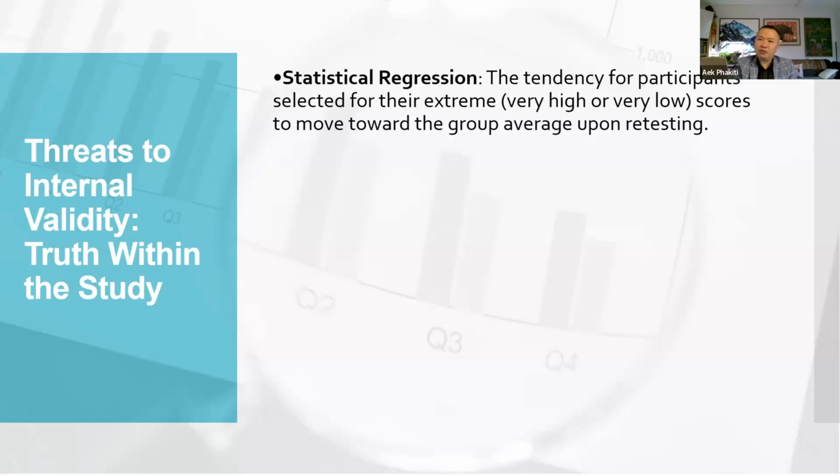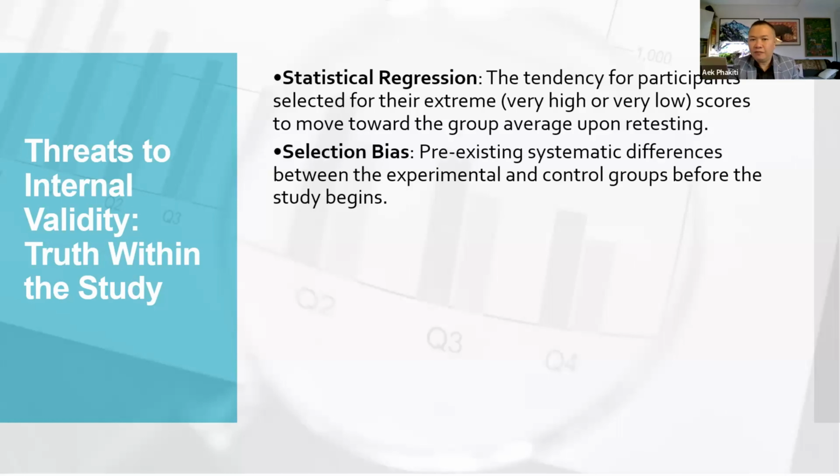It's kind of natural that way. If you don't perform well at the beginning, you are likely to go to the middle after the treatment. Similarly, when you perform really well earlier on, you might also tend to go back to the middle. We call that statistical regression as a threat.